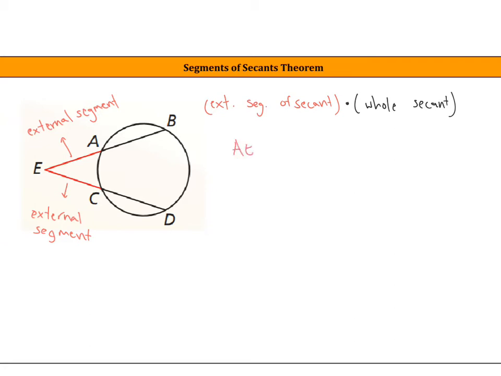If we take, again, the external segment AE, or EA, and we multiply that with the whole secant, in other words, EB, this should be equal to the other external segment, which is CE, and we can multiply that with, again, the entire segment ED. And this should be equal to each other.